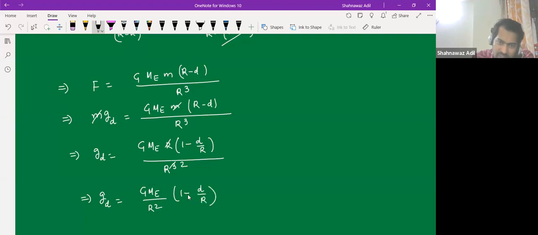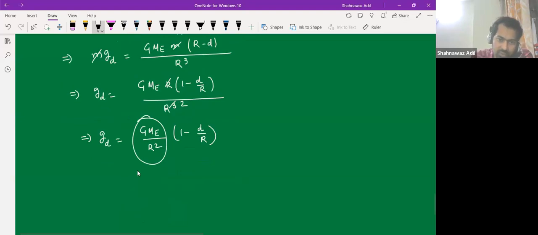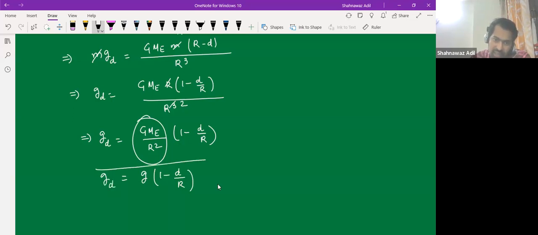So how much is this thing, guys? Yes, that is again g, the gravitational acceleration on the surface. So this is the gravitational acceleration at a certain depth.